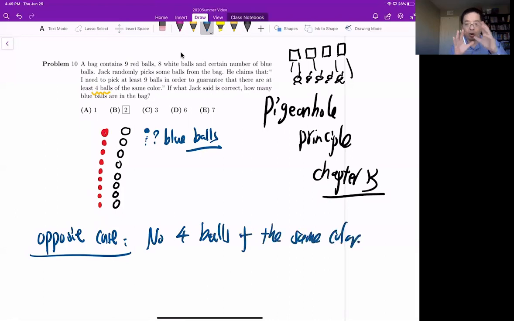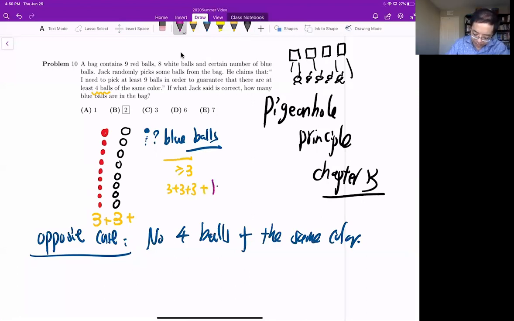So I want to design a specific way to select the balls so that there are no 4 balls of the same color. Say I can get 3 balls of red, and then 3 balls of white, right? Now if there are more than 3 blue balls, then you have 1 plus 3 plus 3, and then you need 1 more.